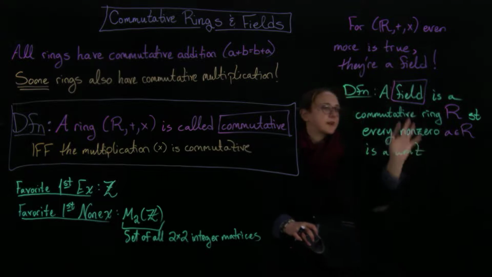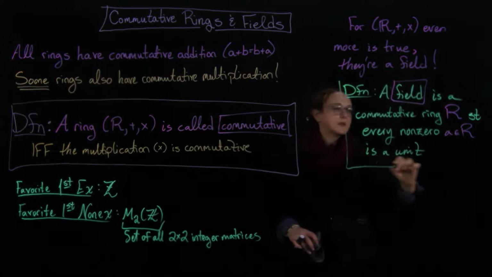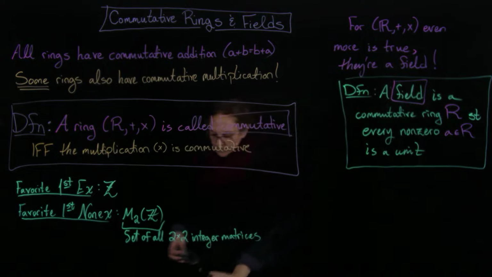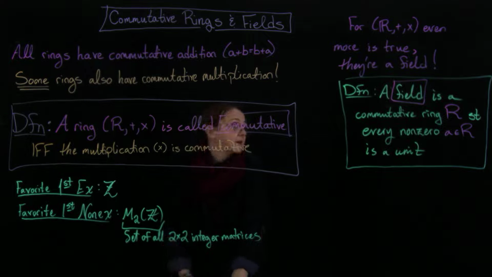Let's focus on this. This is the definition, but there's a lot going on in here, so let's parse it. What is the type of object we have going on here?